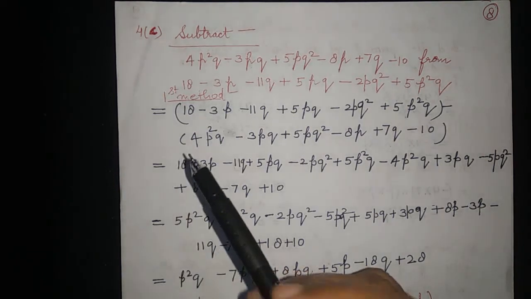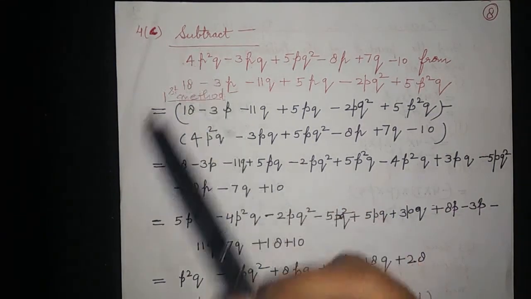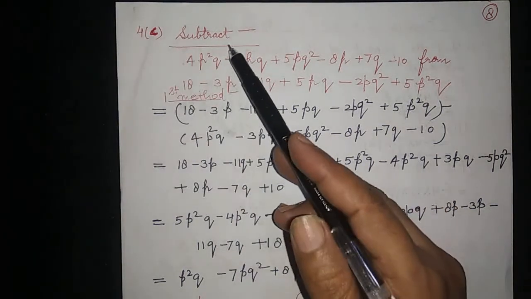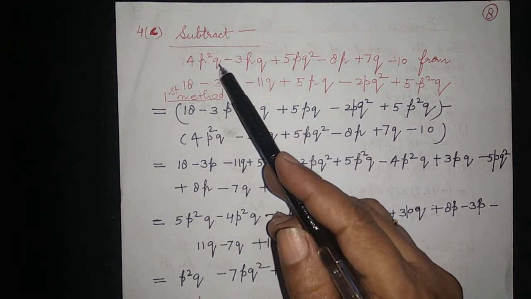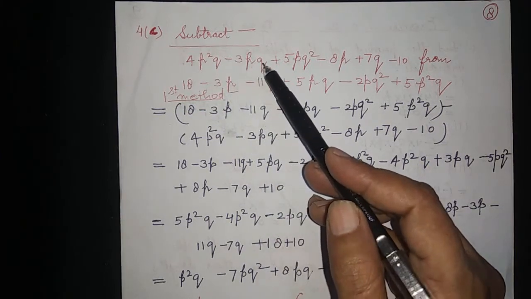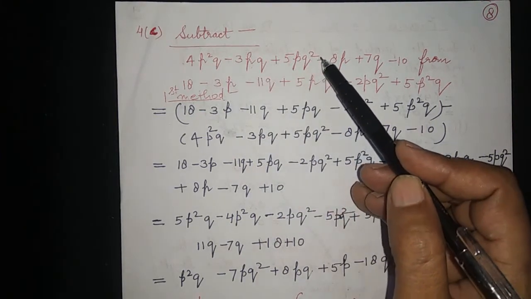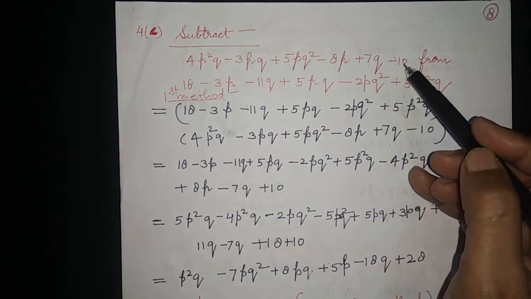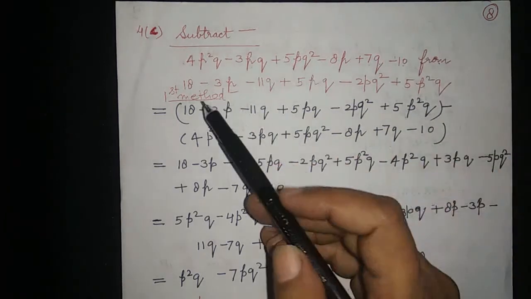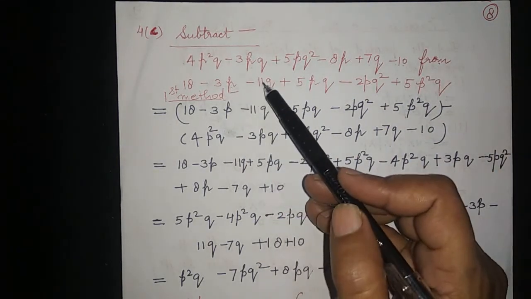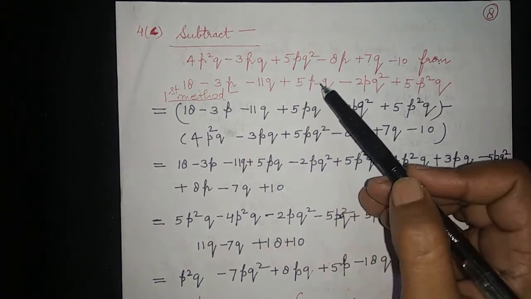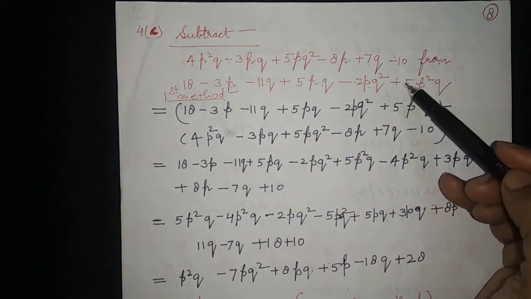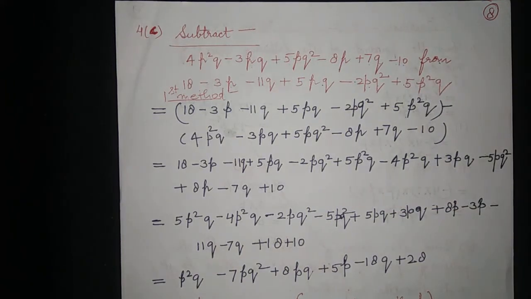Now children, I will explain one more part of question number 4. This C part. Subtract 4p square q minus 3pq plus 5pq square minus 8p plus 7q minus 10 from 18 minus 3p minus 11q plus 5pq minus 2pq square plus 5p square q.